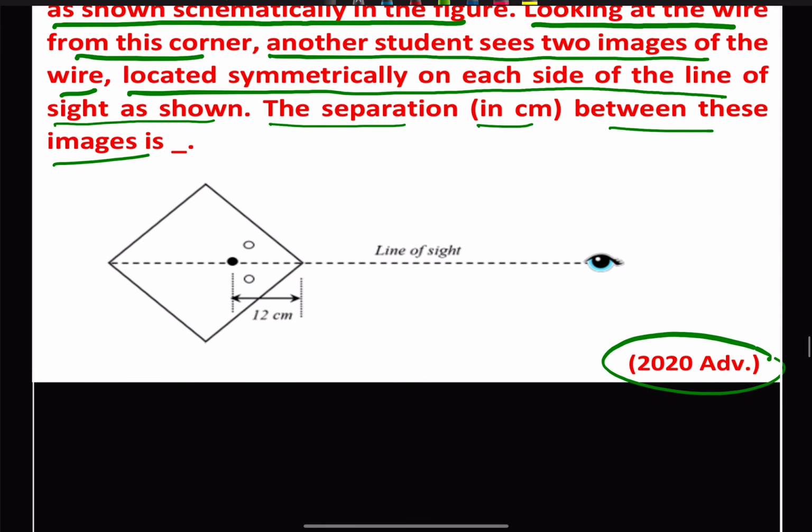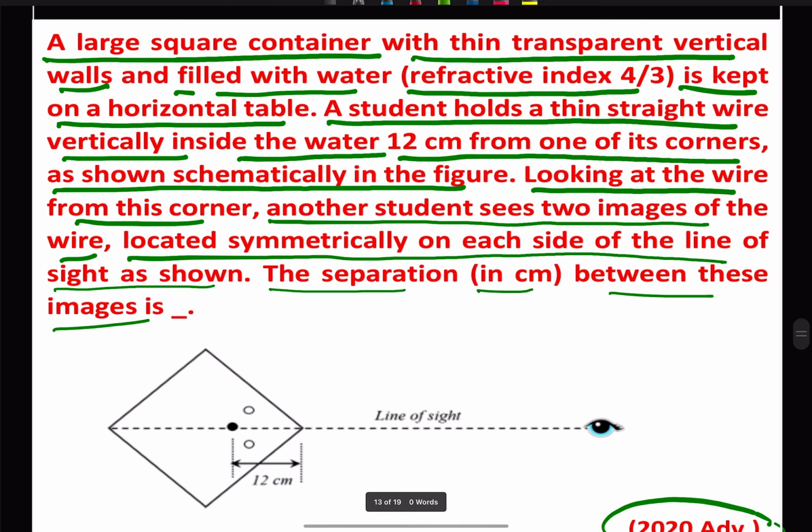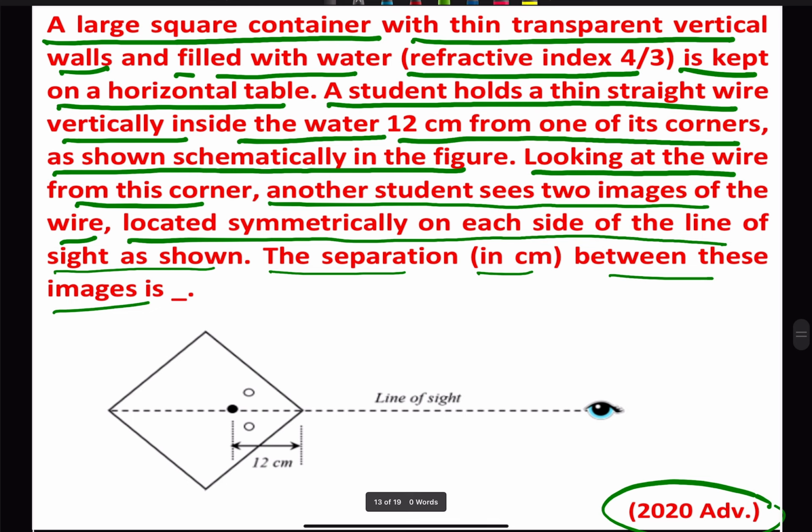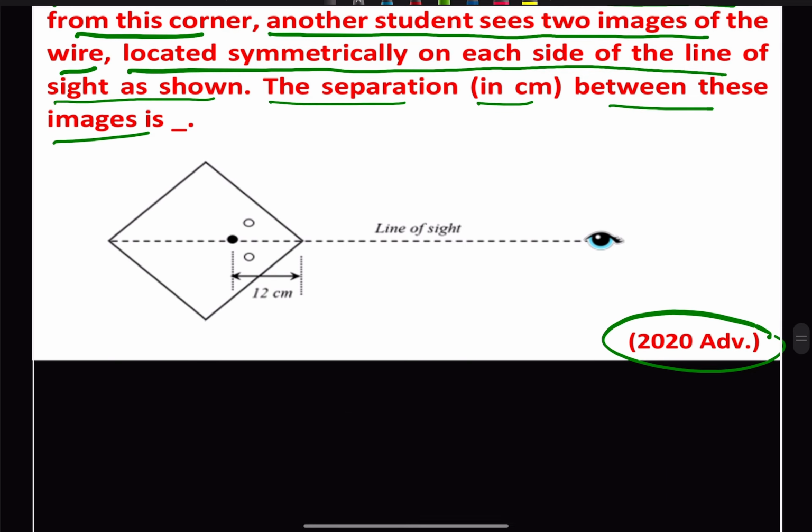So we are given a basic figure. So we have this square and it is filled with water, and this is our wire which is placed vertically, and the line of sight is exactly through the corner, and the observer is seeing two images which are symmetrical about the axis, which is shown something like this.